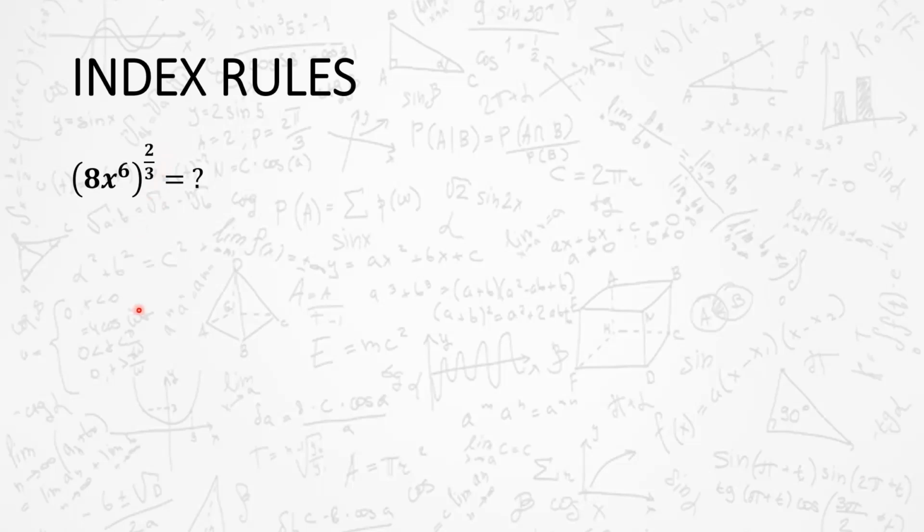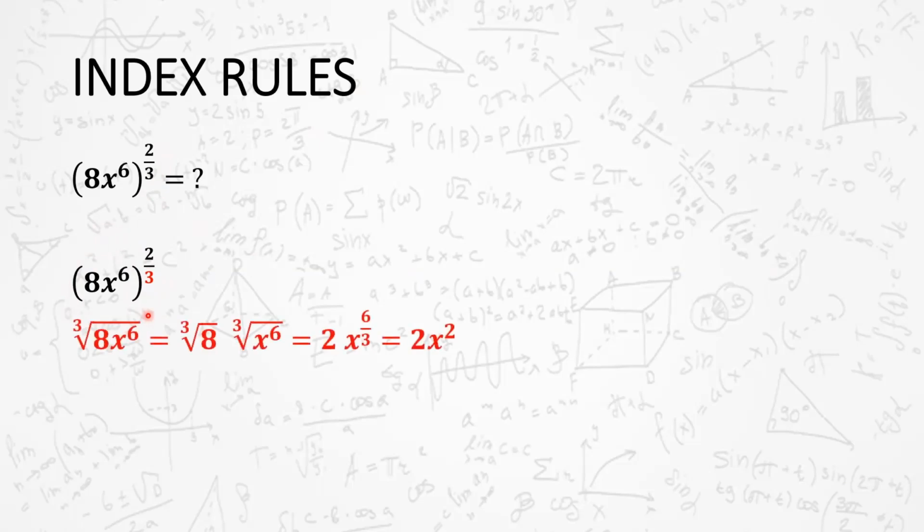So if I do the denominator first, my denominator is a 3. Denominator indicates the root. So that means I need to cube root the number within the brackets. So I have the cube root of 8x to the power 6.